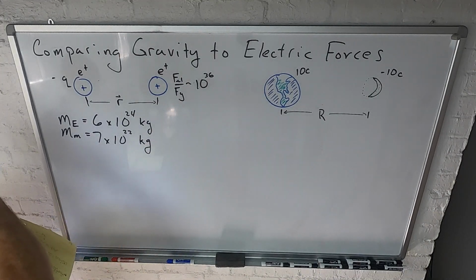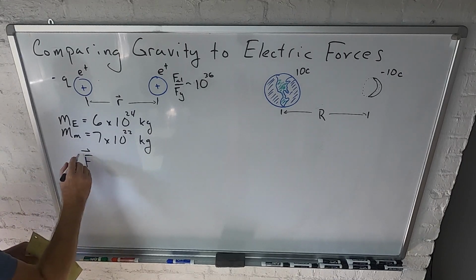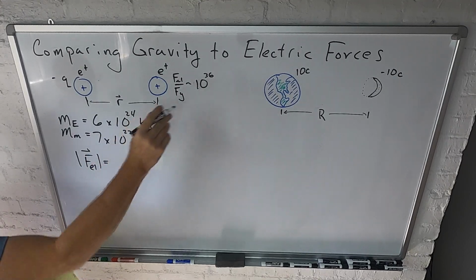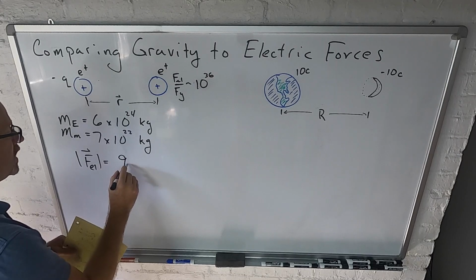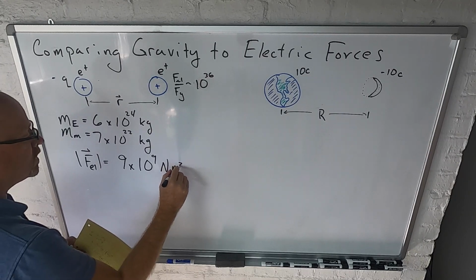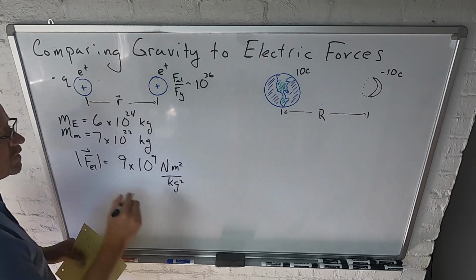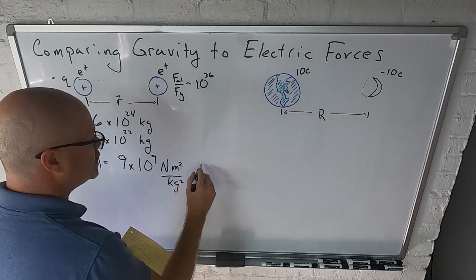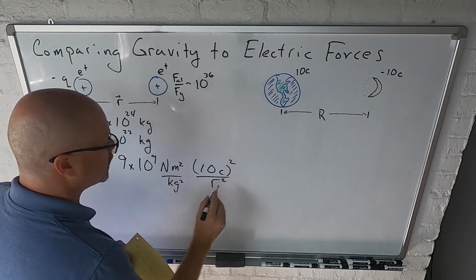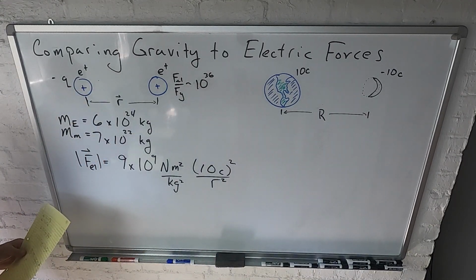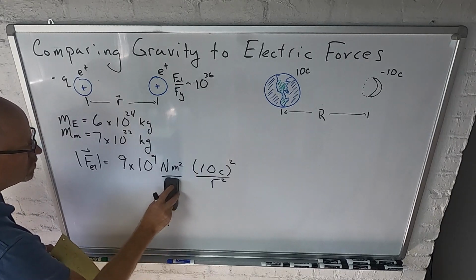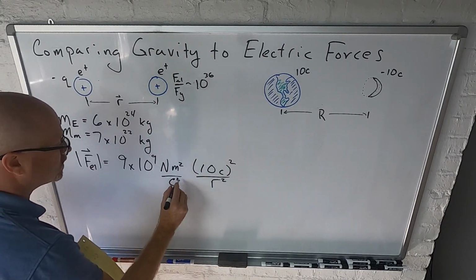So let's look at the charge that we have and the electric force, F electric. Now this is with the Earth and the Moon. And so I've placed an amount of charge on here. So this is going to be 9 times 10 to the 9 newton meter squared per coulomb squared times 10 coulomb squared over R squared. Okay? Now, oh my goodness, it's coulomb squared.